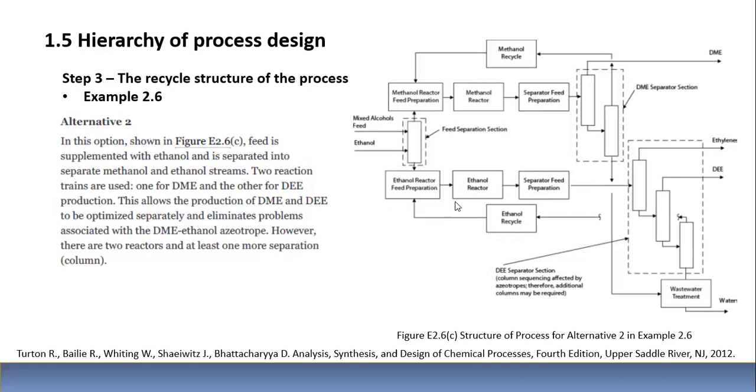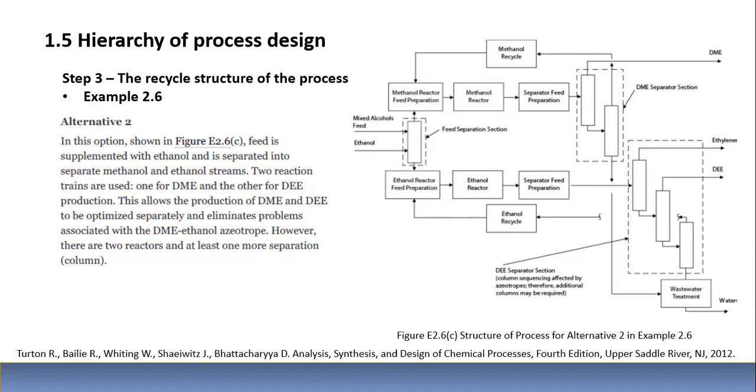Y son realmente, aquí se puede observar, dos líneas de producción. La línea de producción del metanol, con sus respectivas torres de destilación para la separación requerida, y las líneas de procesamiento del etanol, con sus consecuentes líneas de destilación para las separaciones requeridas, o la reacción, las reacciones de etanol.